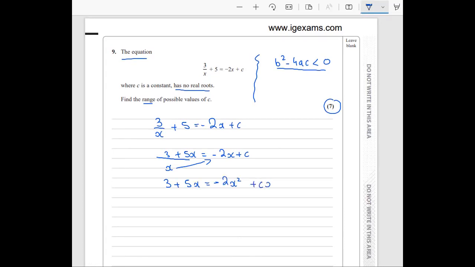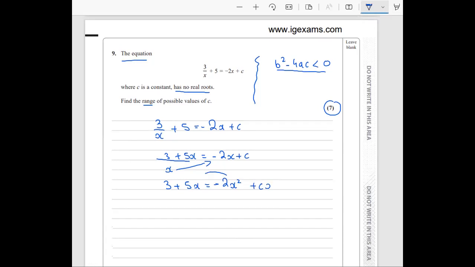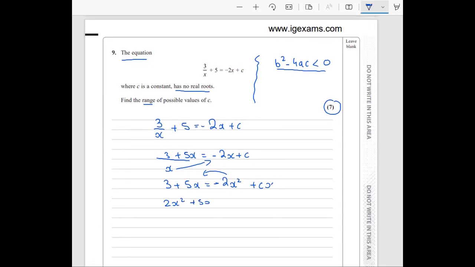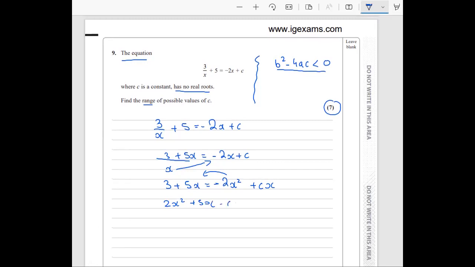Now I'll just transform it a bit. It would be 2x square plus 5x minus cx plus 3 equals 0. I need to find my a, b, c so I can use this concept. So it is 2x square, and I will take x common so I have my b, because b is the coefficient of x.